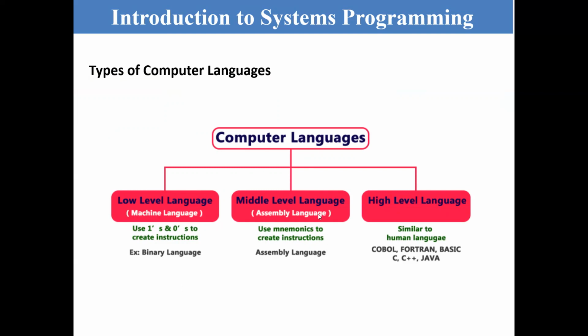Middle level language, the best example is assembly language, where you use mnemonics to create the instructions, right? And high level language means your basic C programming language, then C++, then Java. Okay, so these are the high level language examples.